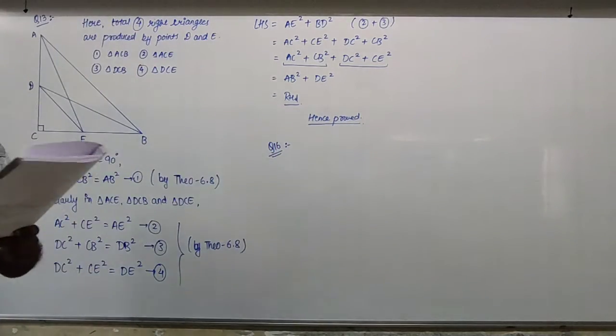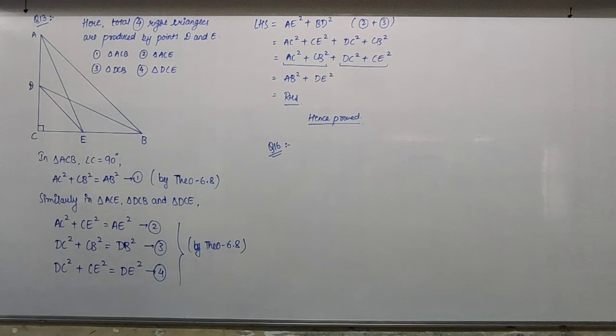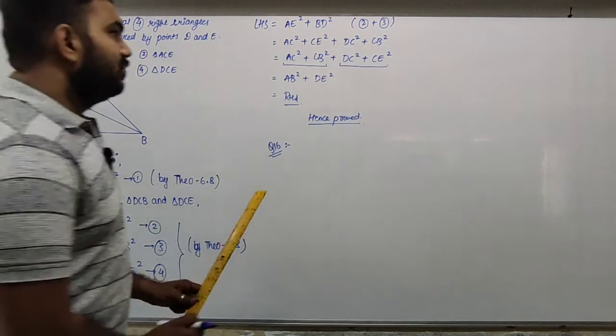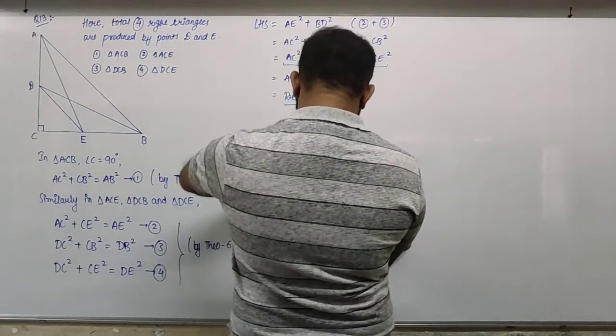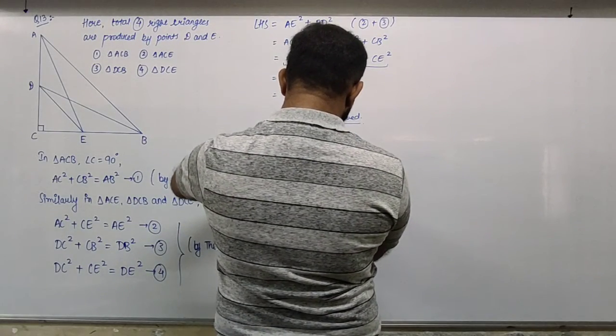In an equilateral triangle, prove that 3 times the square of one side is equal to 4 times the square of one of its altitudes. Right? So first we have to draw an equilateral triangle, they have already told us.